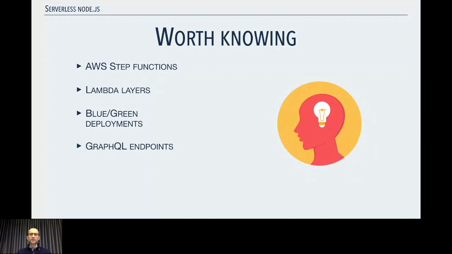With serverless, with Lambdas, it is possible to prepare GraphQL endpoints. It's a very nice case to use it for GraphQL. And the last thing is Google Cloud Run, a solution from Google, also for serverless technology.